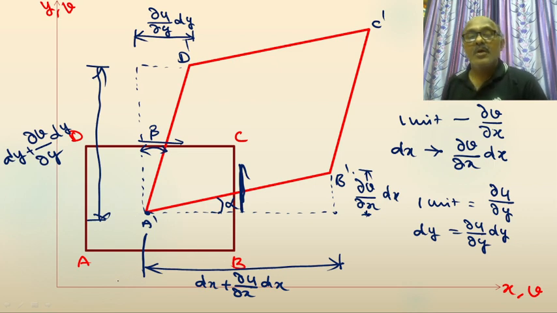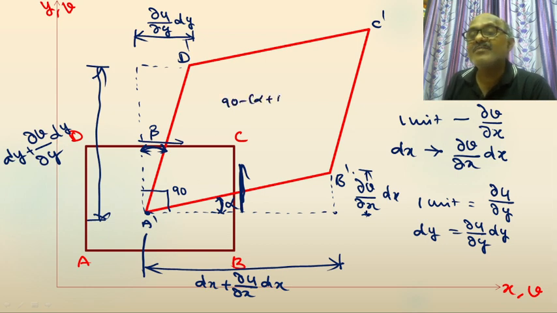Now, what is our definition? Change of angle measured between the two mutually perpendicular planes. So what is the change of angle? Originally here it is 90 degrees. After deformation, 90 minus alpha plus beta. This is called the shear strain. This is one plane before application of the force.